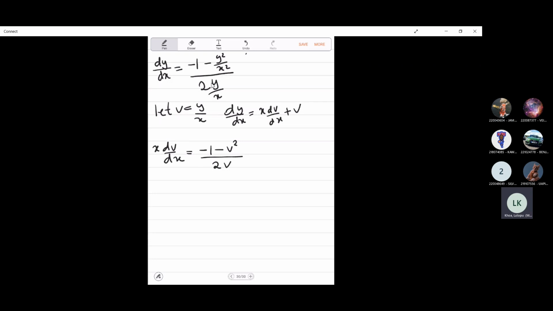Right, then we can just separate them. So we have 2v over 1 plus v squared dv equal to negative 1 over x dx.